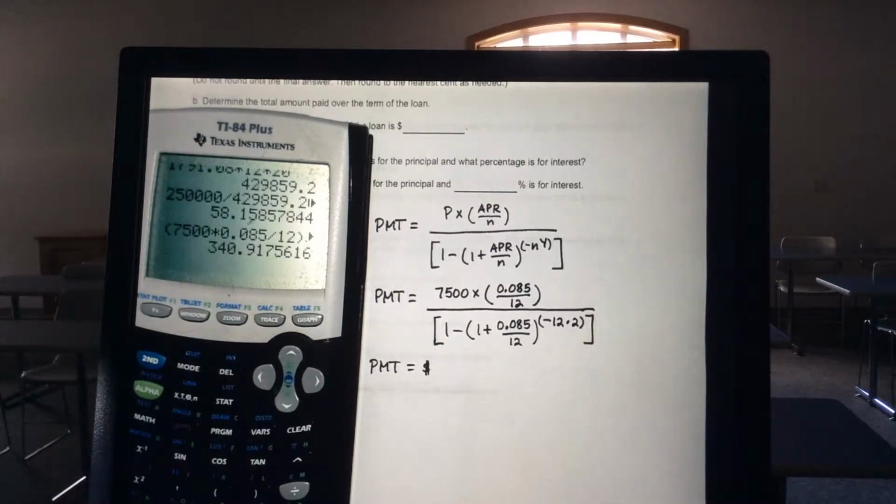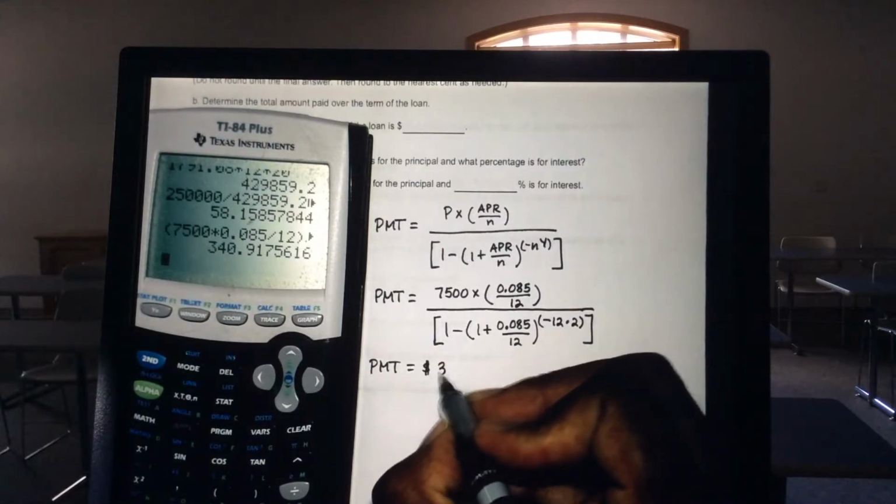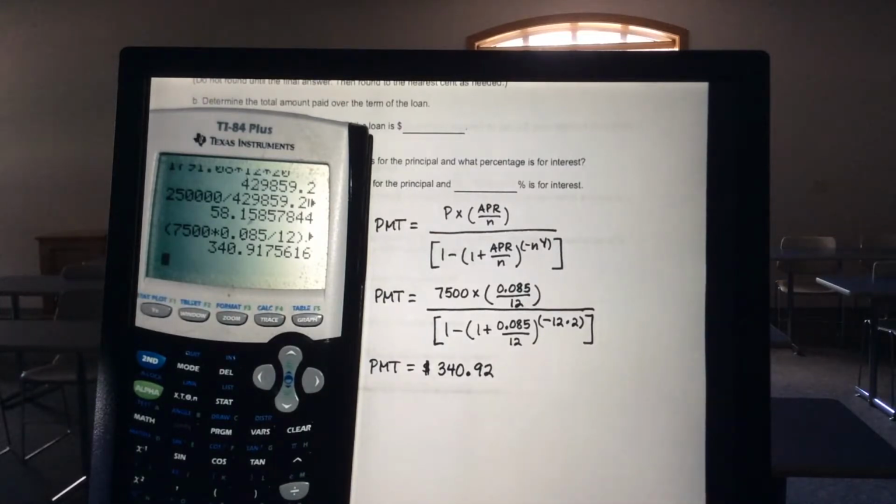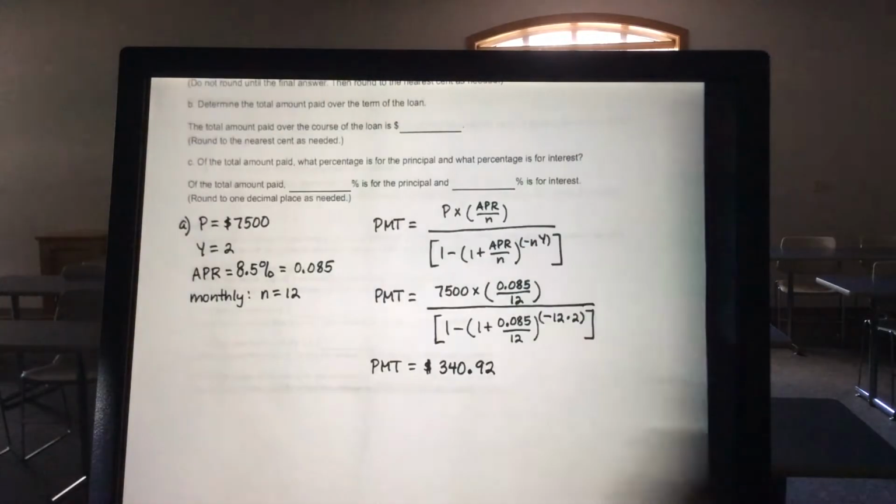To the nearest cent, this will be $340.92. That represents the monthly payment of that $7,500 loan for 2 years at 8.5%.